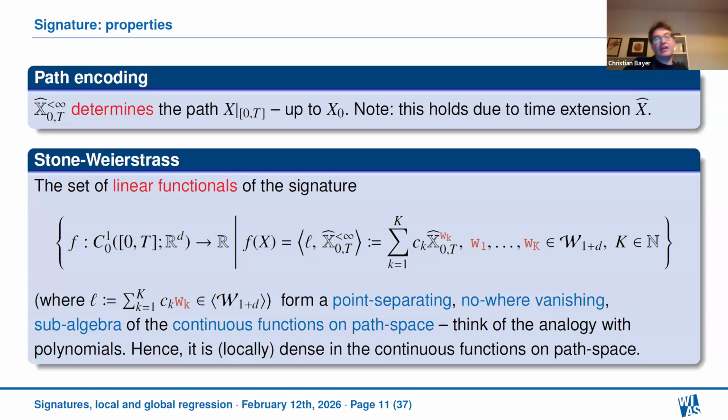So the set of linear functions of the signature is dense in the set of continuous functions on path space on compacts. This is, I think, an important restriction to make here. The Stone-Weierstrass theorem only applies to compact sets.